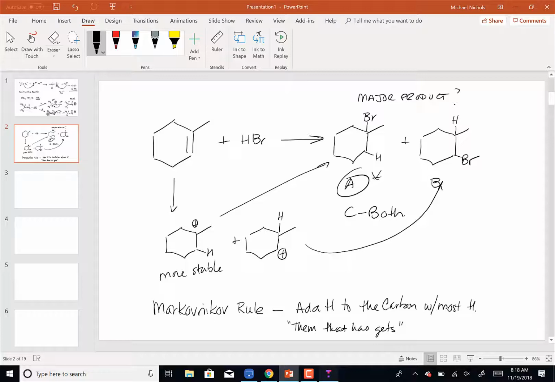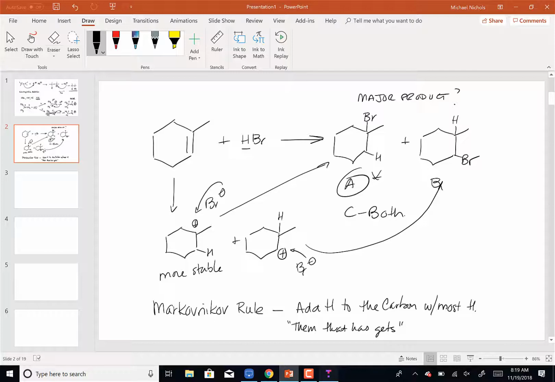So far, there's really not a whole lot new here. We're adding our electrophile, which is simple H+, to the double bond. We're forming the most stable carbocation, and then our Br- is coming in and adding to the carbocation to give us the final product.